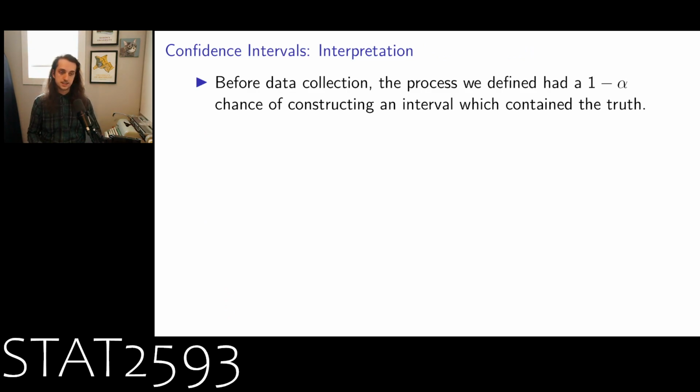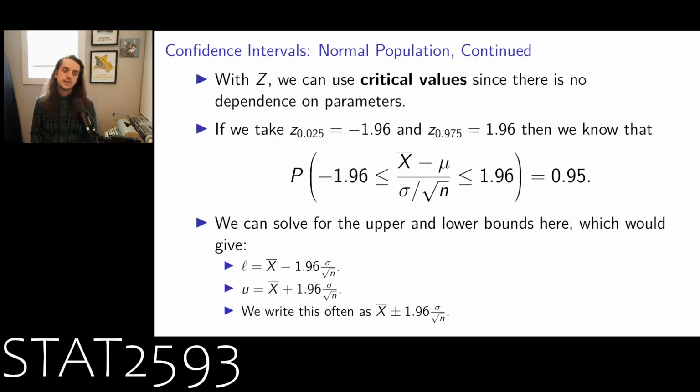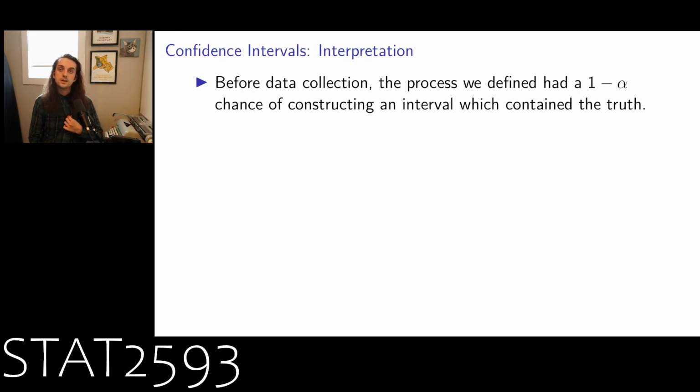This process follows a general procedure, and we're going to see it implemented in other populations. Anytime you can make this probability statement about your estimator, you can invert those endpoints, and that gives you the confidence interval you care about. Before data collection had begun, the process that we defined had a 1 minus alpha chance of constructing an interval which contained the truth.